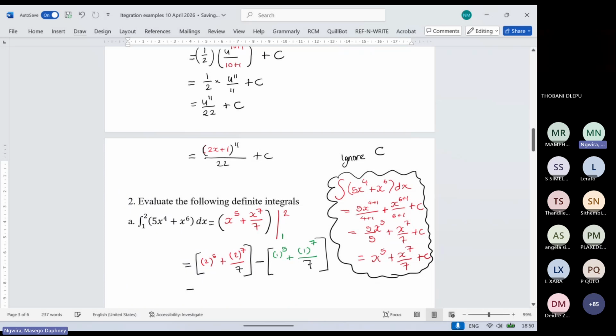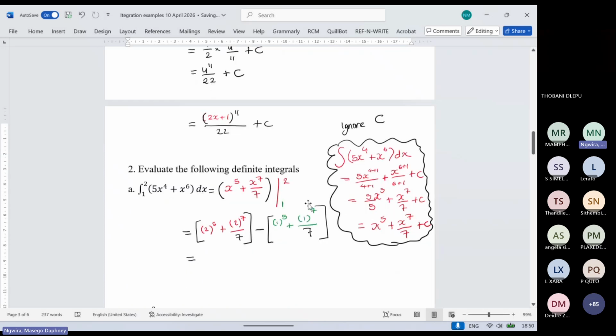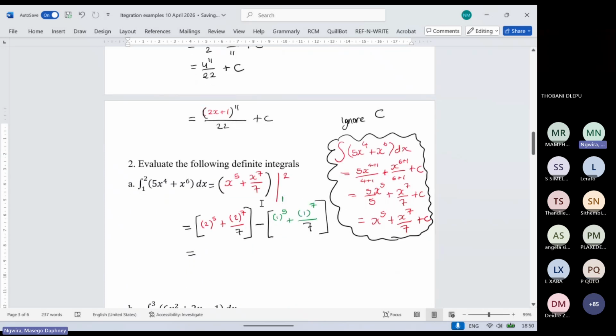And then now I can get my final answer. I hope that is clear. You integrate first, and after you integrate, you apply the limit. So this will be the bigger minus the smaller. Can someone please assist with the answer here? 2 to the power of 5 plus 2 to the power of 7 over 7.